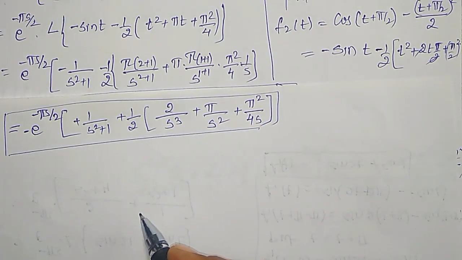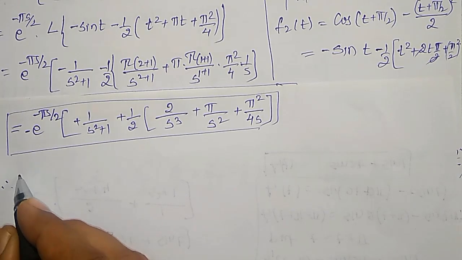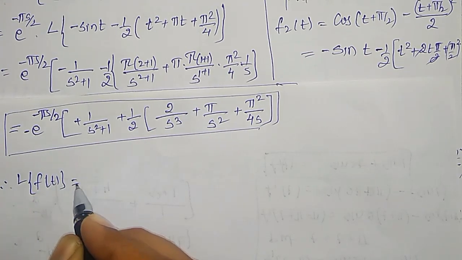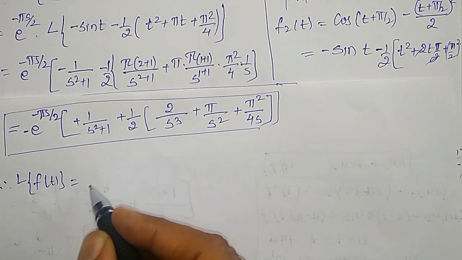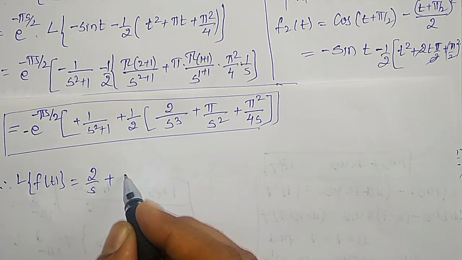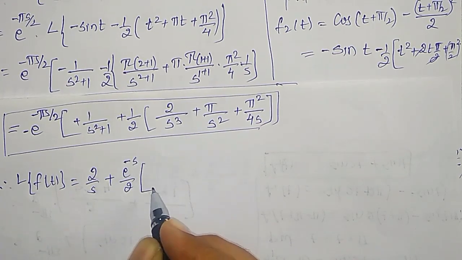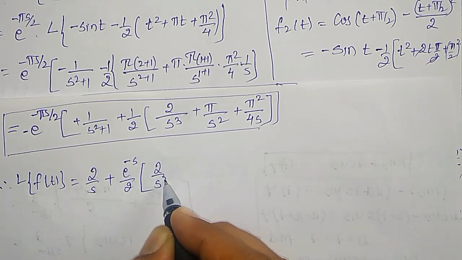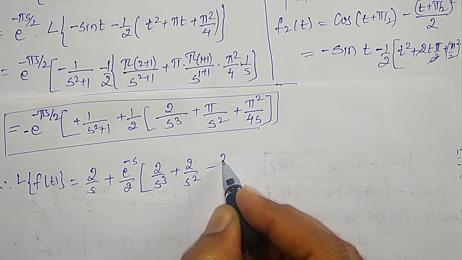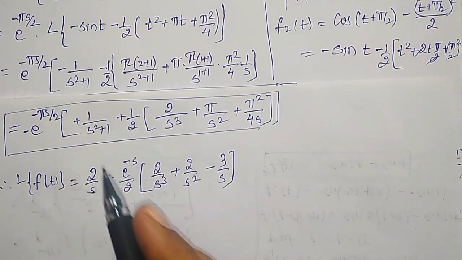Next, combining all the three terms together, the Laplace transform of f of t I can write as: Laplace transform of 2 is 2 divided by s, plus the second term, e to the power minus s divided by 2 into 2 divided by s cube plus 2 divided by s square minus 3 divided by s. This is the second term. Like that, the third term is here.